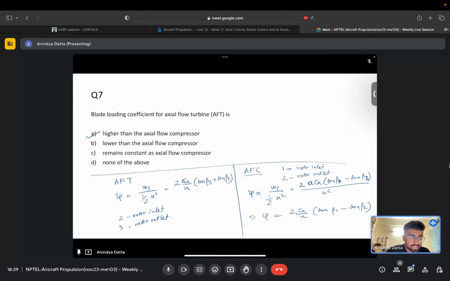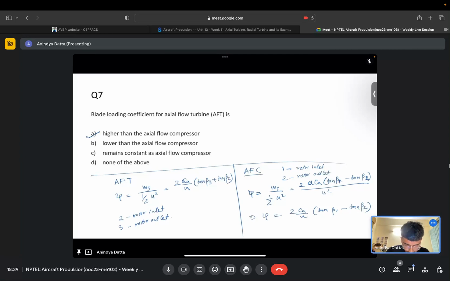For axial flow turbines we have the sum, but in axial flow compressors we have a difference, right? So that's why we expect the value of xi, the blade loading coefficient, to be higher for axial flow turbines.